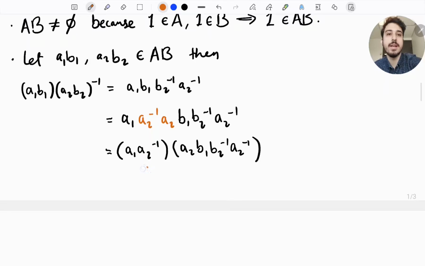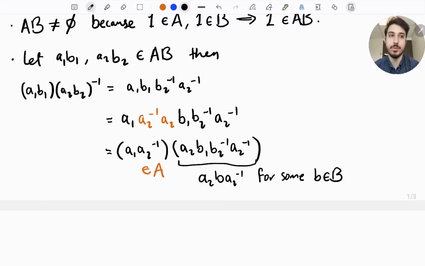Here, this is an element in A because A is a subgroup, and this here is an element in B. But why is that? Well, because b1 b2 inverse is an element in B, so let's break this down into steps. This is a2 b a2 inverse for some b in B. This is because B is a subgroup.